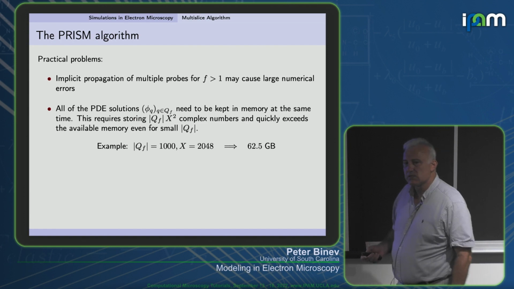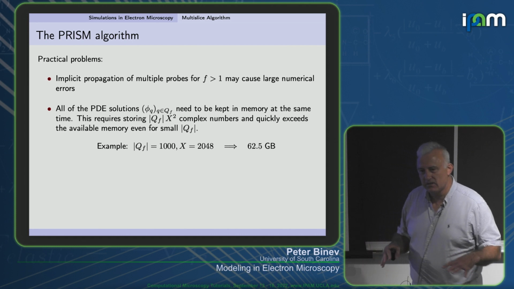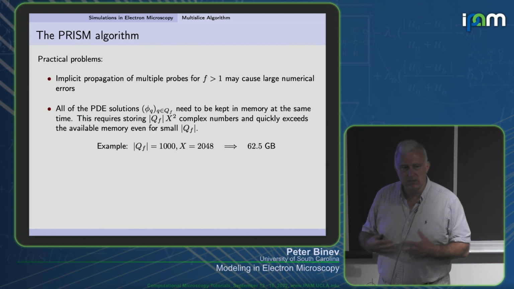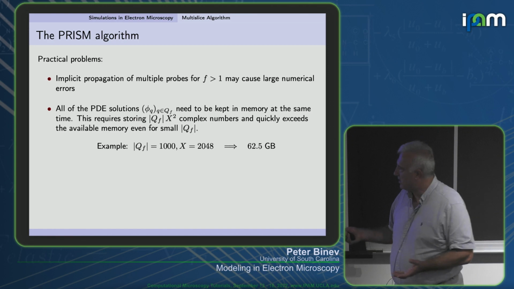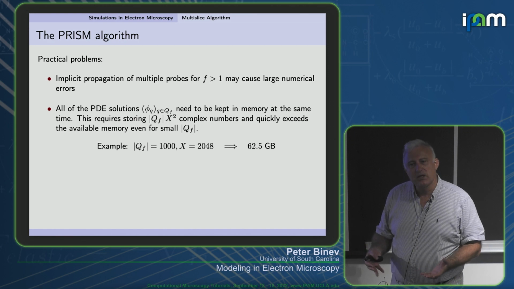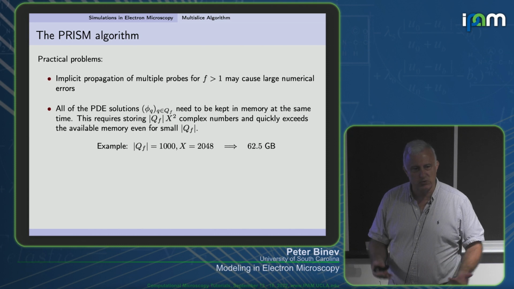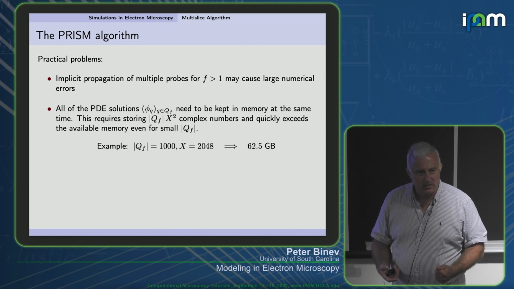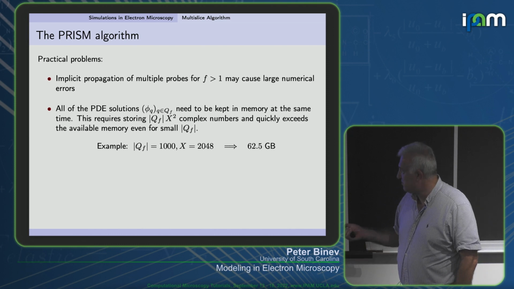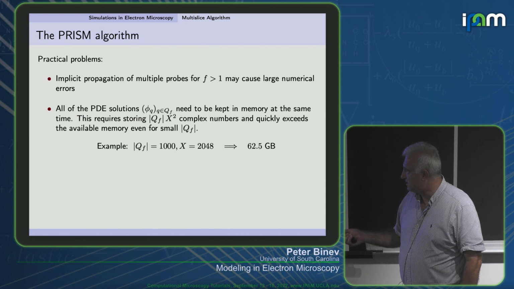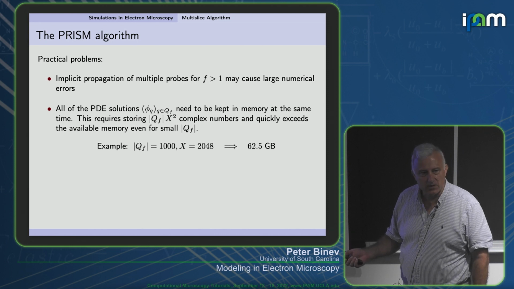The other thing, which I neglected when presenting this, is that we calculate these thousands of different solutions and we have to store them somewhere. A typical example: keep in mind that x is a moderate number, not a very big number.